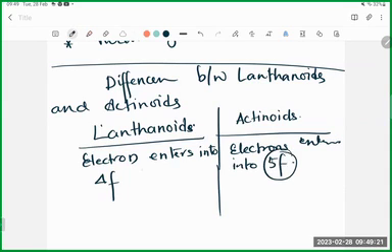This is the most important difference. So this is called the 4f series and this is called the 5f series.